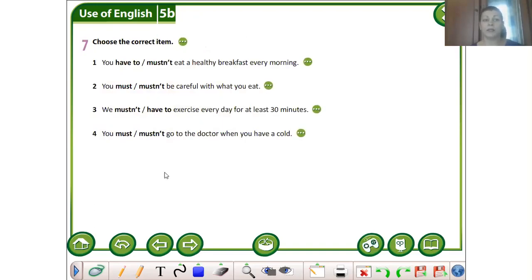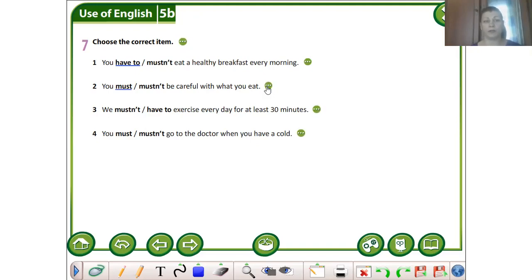So, your task is to choose the correct item. I'm going to make some pauses. You're going to make your own choice. Be very attentive. Look at the situation. You eat a healthy breakfast every morning. You have to eat a healthy breakfast every morning. You be careful with what you eat.